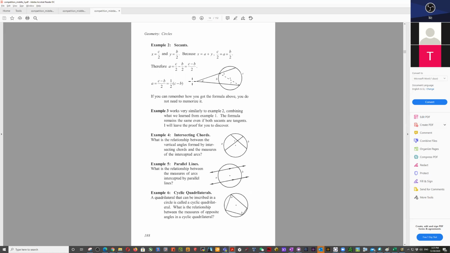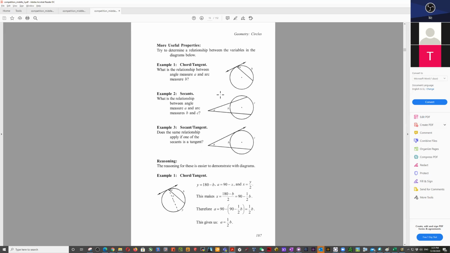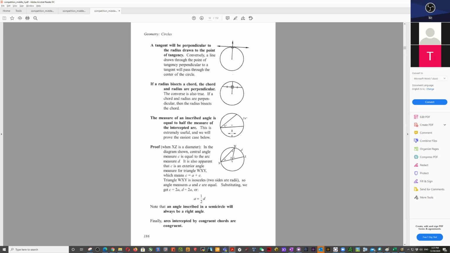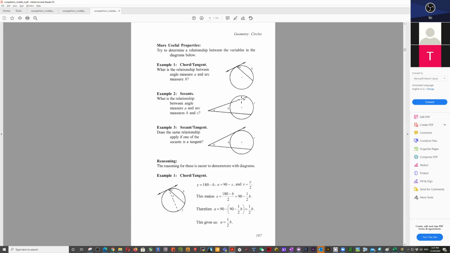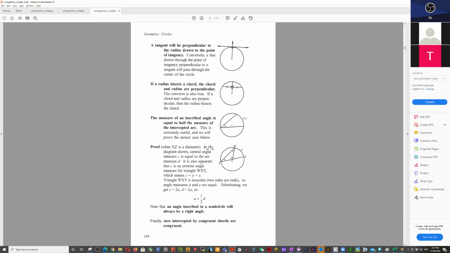Then this is a secant line. So basically an inscribed angle has the vertex just touching the circle. How about two secant lines that go above the circle and intersect outside of the circle? They actually have special relationships.